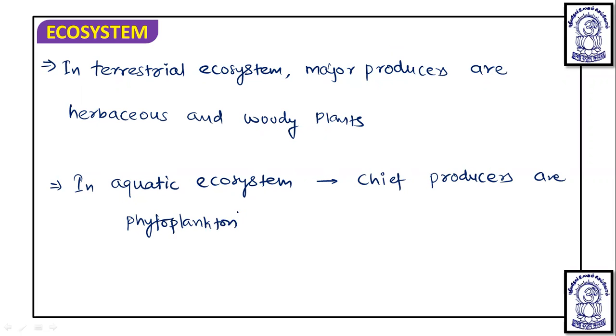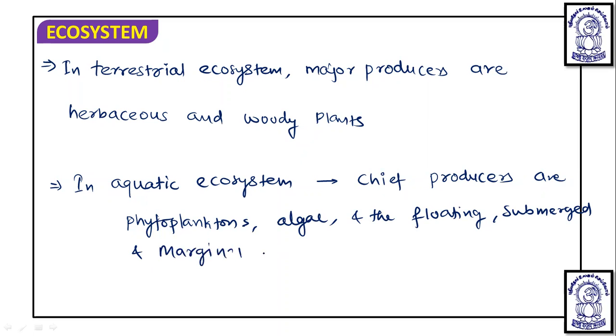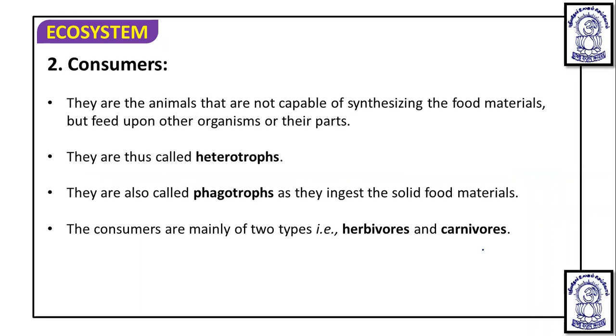They are phytoplanktons, algae, and the floating, submerged, and marginal plants found at the edges. So these are all examples of the producers.